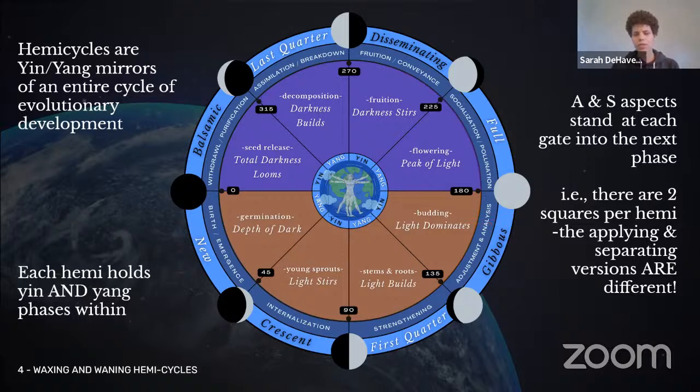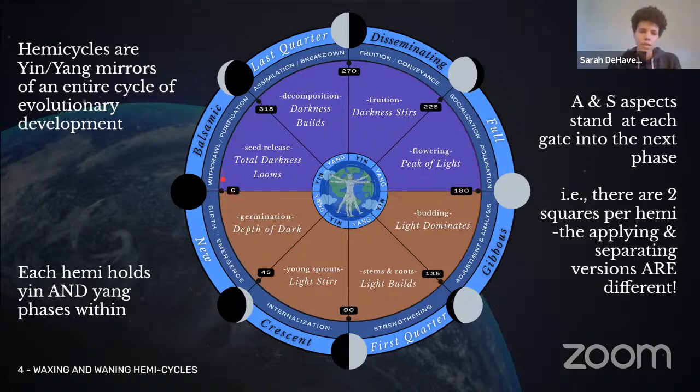And so I have up here, it says ANS aspects. What that is, is applying and separating aspects. Applying are like culminating aspects, and separating is when it's past the point of culmination and the orb is growing as a planet or a point is moving away from the slower moving planet. So applying and separating aspects stand at each gate into the next phase. What I mean by that is the gates here, for instance, the conjunction at 0 degrees.